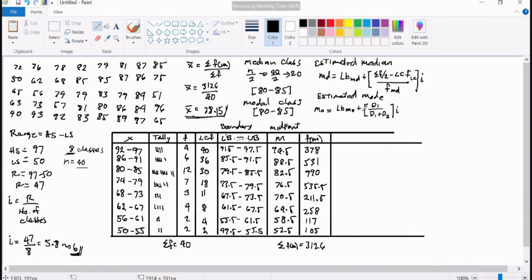D1 is the frequency of the modal class minus the frequency of the lower class. It's not the less than cumulative. And D2 is equal to the frequency of the modal class minus the frequency of the upper class.